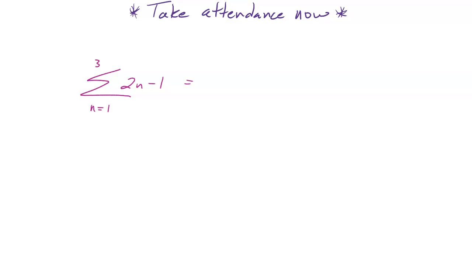You're always going to have some sort of equation right here, and this equation is what you're going to repeatedly add up. To know how many times to add it up, you're going to have the variable. The variable in the equation does not have to be the same variable as the one down here. That's definitely something to look out for.